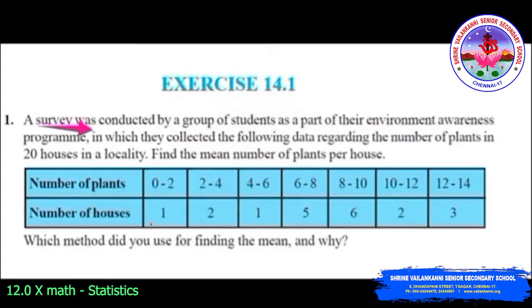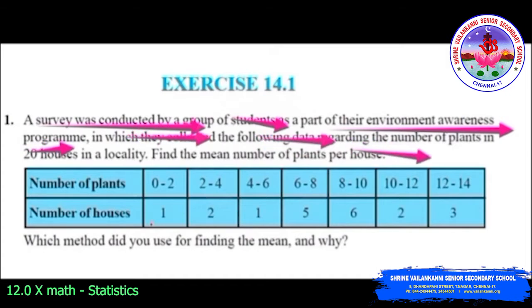First problem. A survey was conducted by a group of students as part of their environmental awareness program, in which they collected the following data regarding the number of plants in 20 houses in a locality. Find the mean number of plants per house.